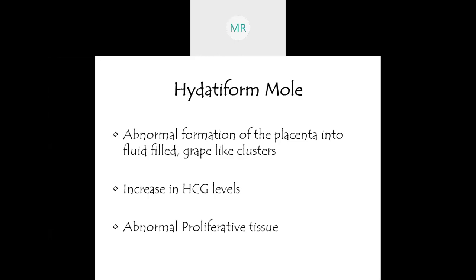Trophoblast. These are abnormal trophoblast cells that are growing so rapidly that the uterus tends to expand faster than normal. And then, of course, there is this abnormal proliferative tissue. Everything is happening in the placenta.